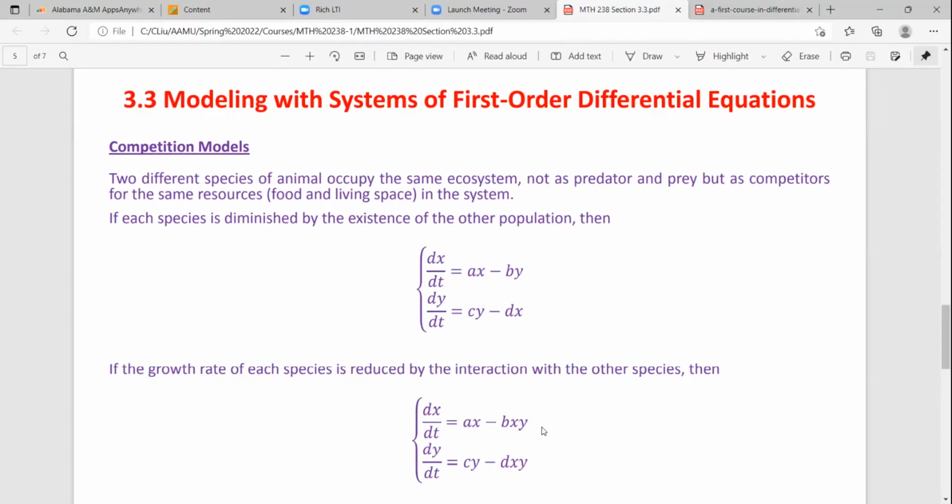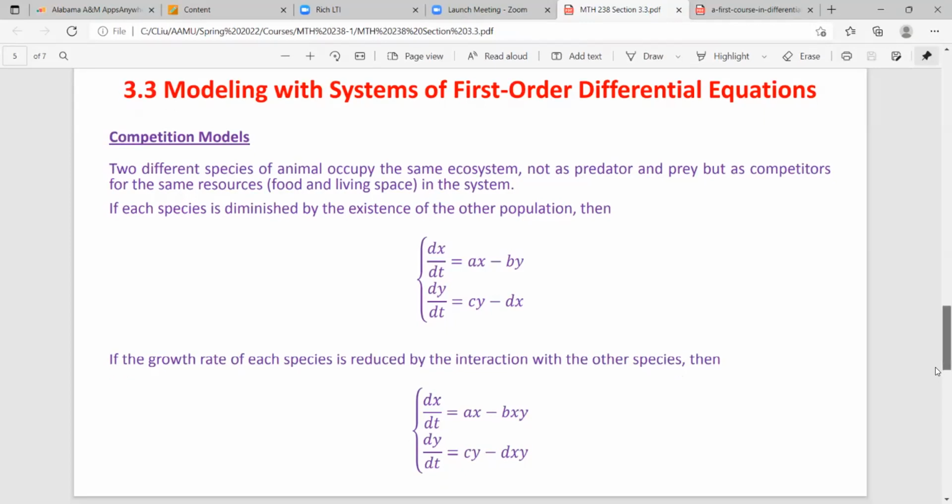So this is a different situation now. Does it make sense? So we have different models, and we have to consider the real situations very carefully and describe nature in different models. So that's another model.